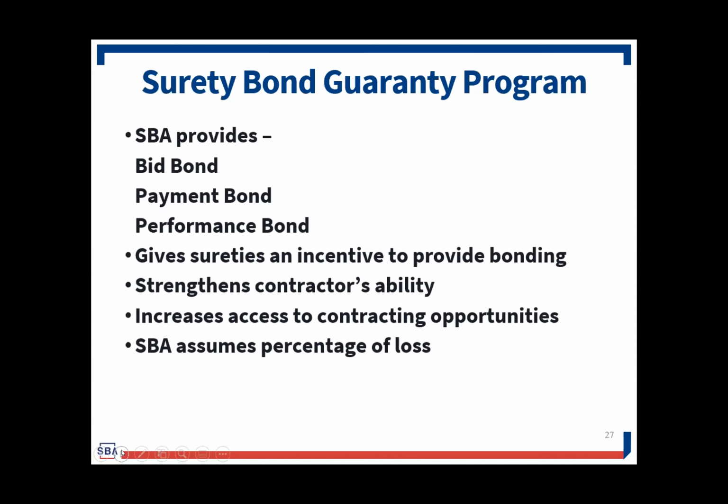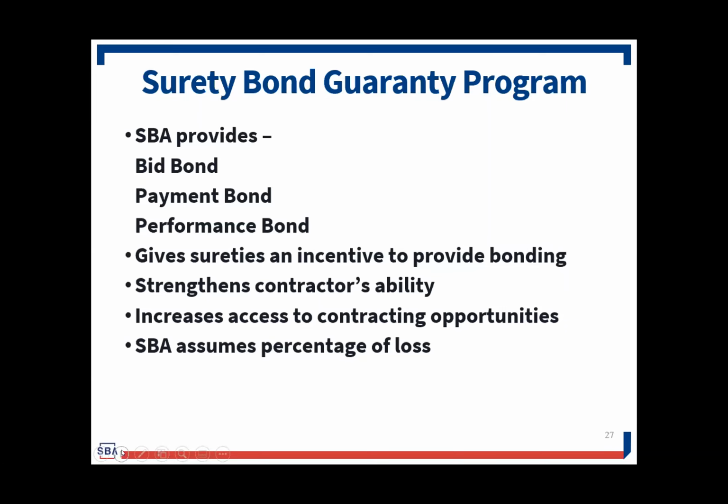And I'll conclude by just sharing a little bit of information on our surety bond guarantee program. If you are in the construction industry or service industry that requires a bond, SBA can provide bid, performance, and payment bonds on your behalf, where we are guaranteeing a bond using SBA approved sureties.